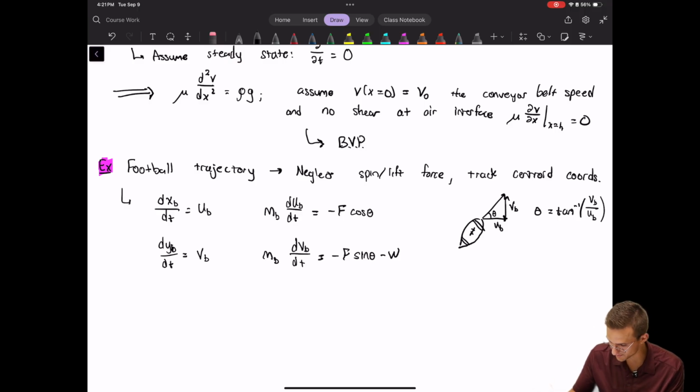And then we have some cross-sectional diameter of the ball d, and of course the ball weight is acting down, W, which is equal to the mass of the ball times g in the negative y hat direction. Okay.